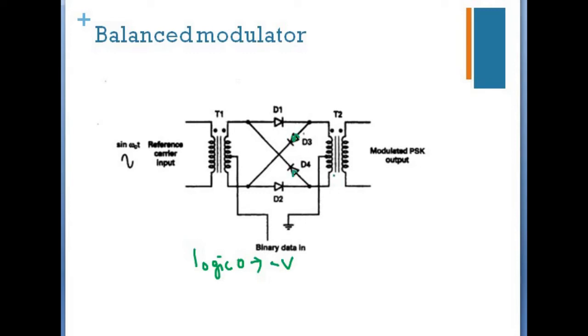As a result, the carrier developed across T2 has a 180 degree phase difference with the carrier at T1. So the phase shifted signal will be like this, compared with the input signal. We have the phase shifted signal when we apply logic 0.